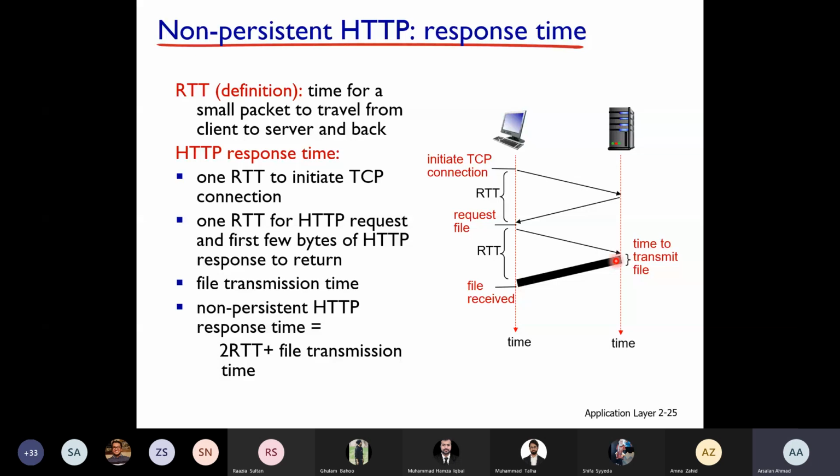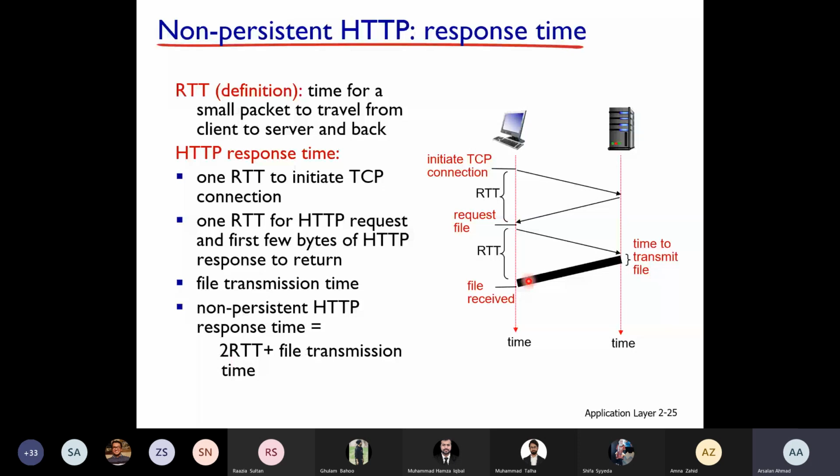There is no shaded area over here because the request for the TCP connection, the response, and the request for the object are all very small, a few bytes, but we are assuming that the file may be of some size, so there will be time required to transfer this file. So the total time will be 2 RTT, 1 RTT for the TCP connection and 1 RTT for the HTTP request and response, plus the file transmission time.